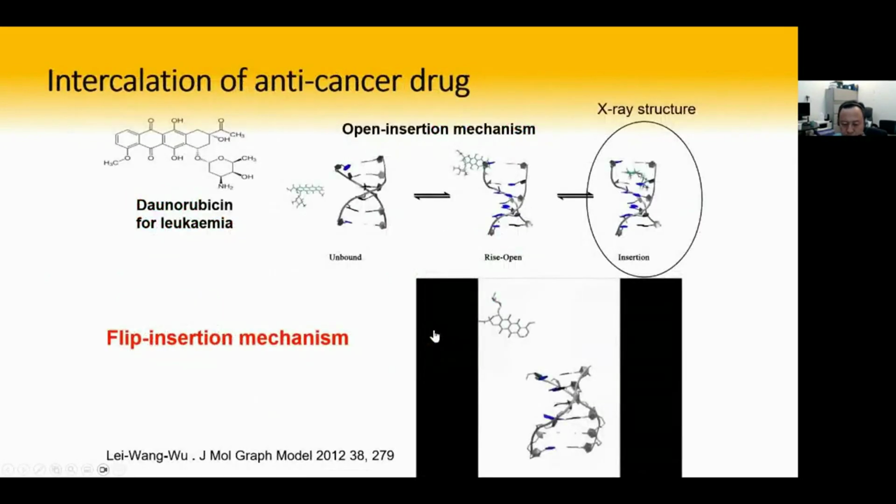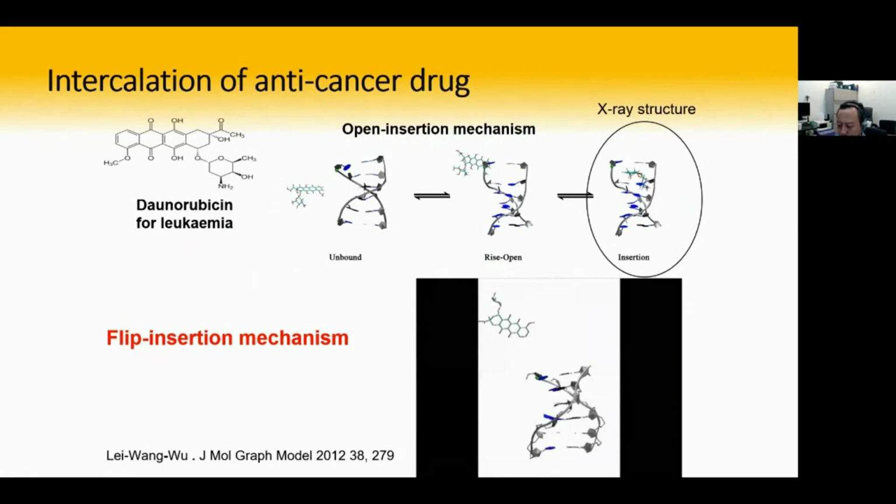tertiary structure. And this is another example, to show how a drug interacts with its target, which is DNA. This is a first-line leukemia chemotherapy drug, and it works by inserting between the two DNA strands. We know DNA encodes the genetic information, but that information needs to be read out.